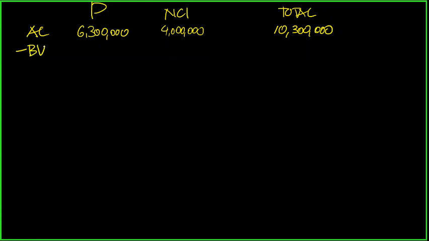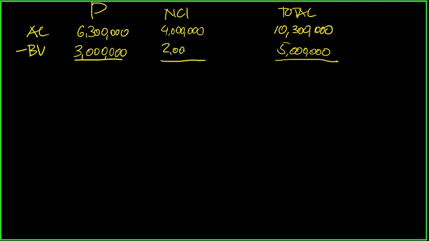Less book value. Ayan. Your total book value is 5 million and the book value of net assets acquired by the parent, which is 60%, you now have 3 million. 40% of this will be 2 million. Nakita nyo yung difference?